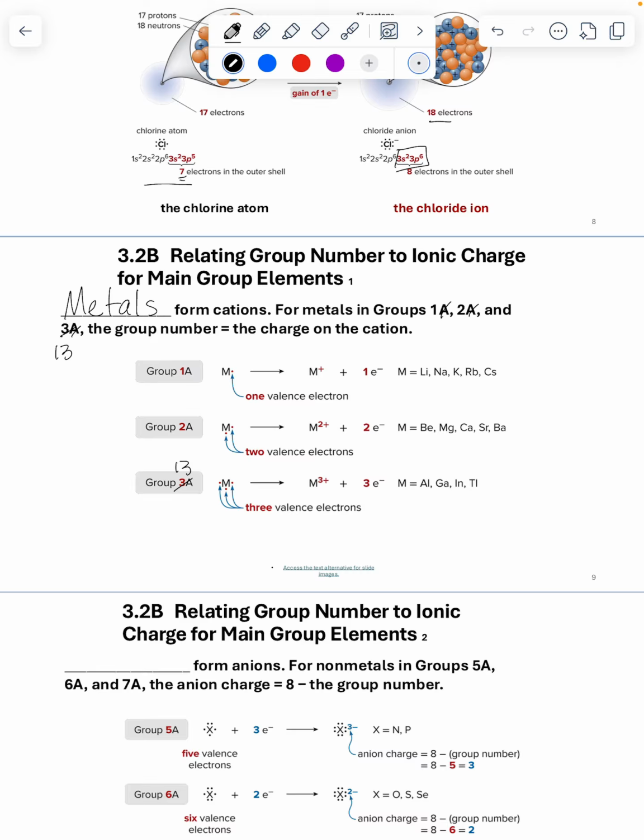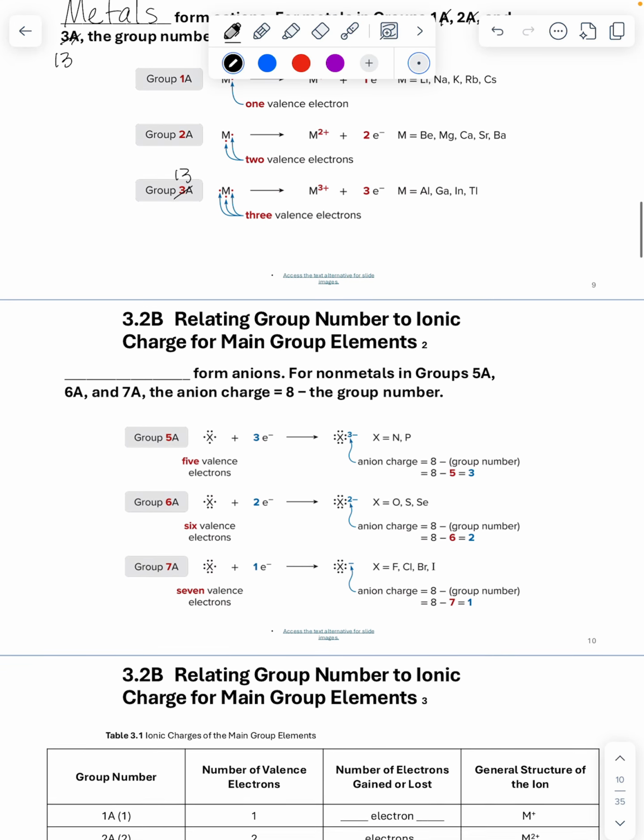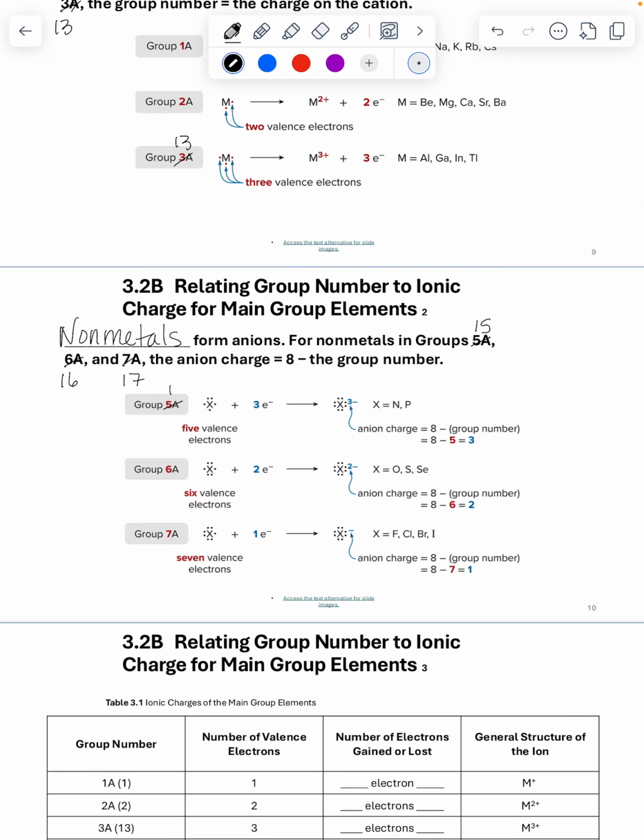Let's look at the anions. Nonmetals form anions. For nonmetals in group 15, group 16, and group 17, the anion charge is equal to 8 minus the group number. A simpler way to look at that is to just look at the ones place of the group number. If we're in group 15, we're just going to look at the ones place, which is 5.